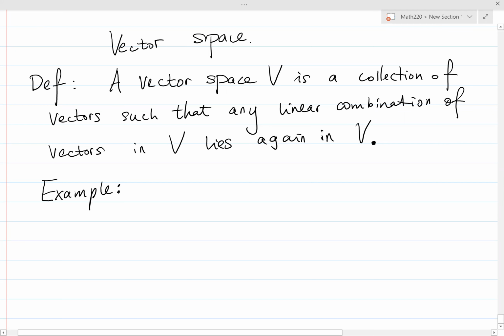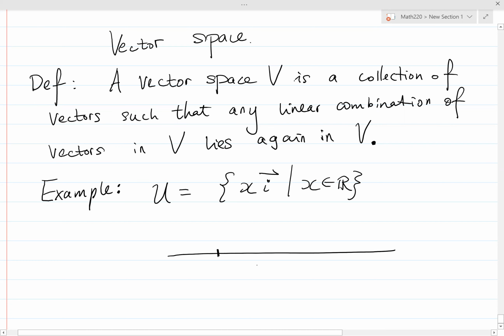For example, a one-dimensional vector space. Suppose U is the collection of vectors xi, where x is any real number. Suppose i is this vector, and we multiply it by x. If x is 2, we get 2i, which goes from 0 to 2.